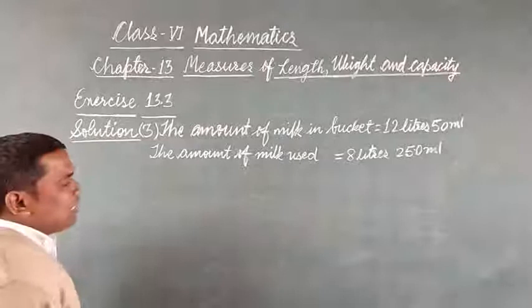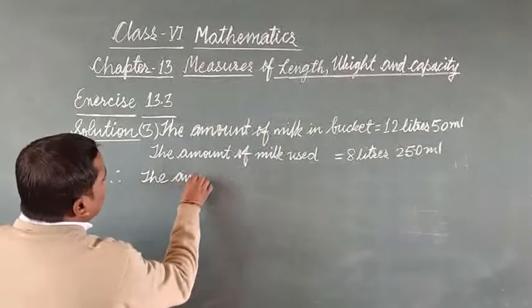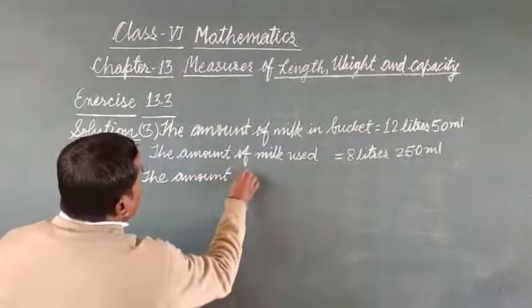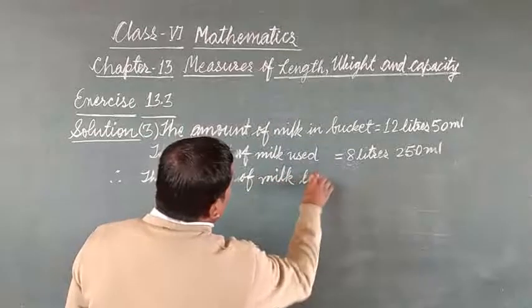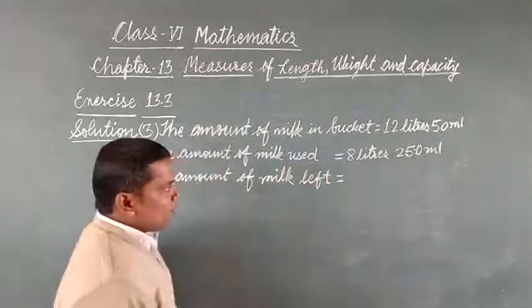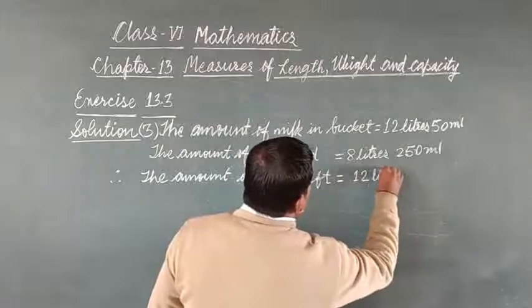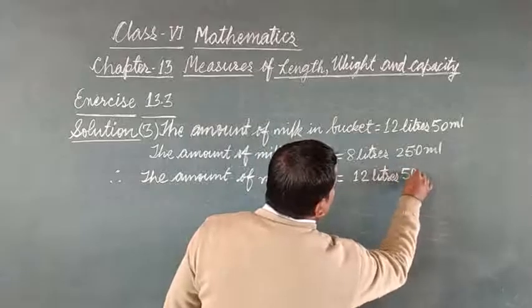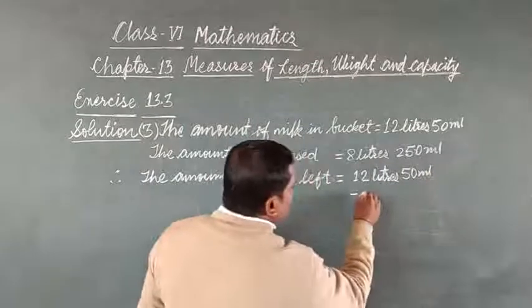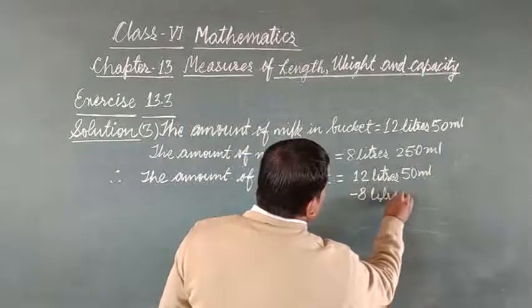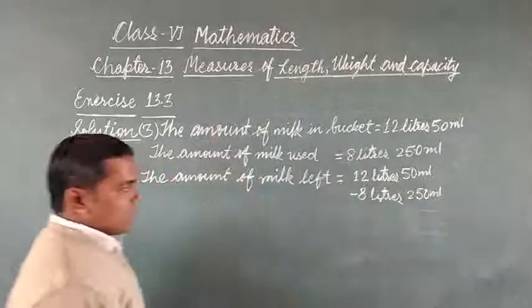So the amount of milk left is equal to 12 liters 50 milliliters minus 8 liters 250 milliliters. Then you will write the result.